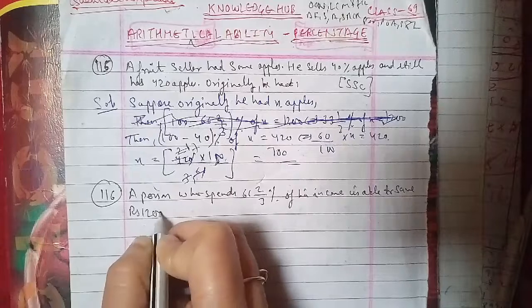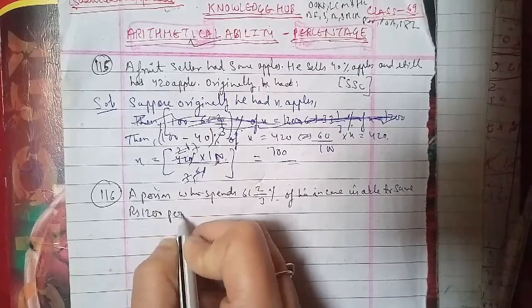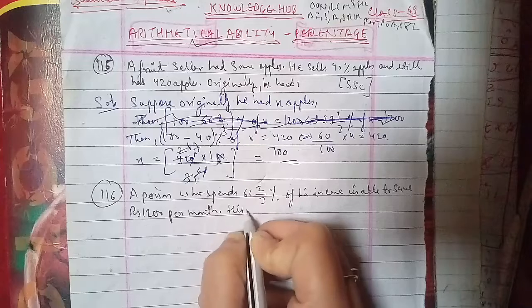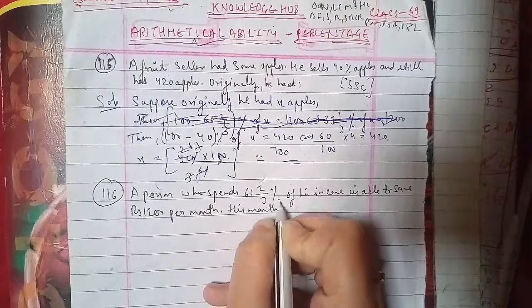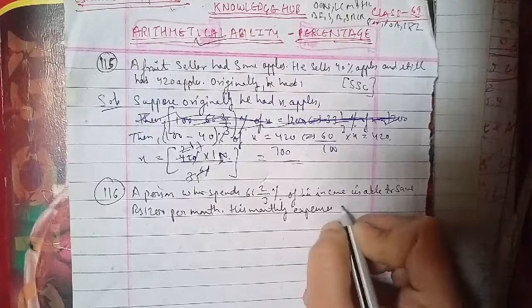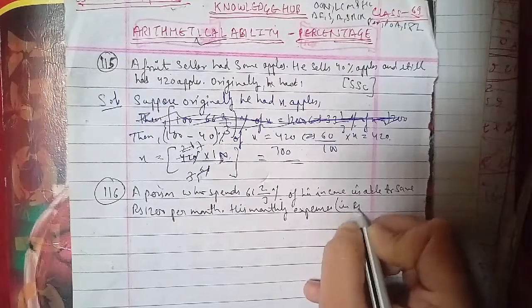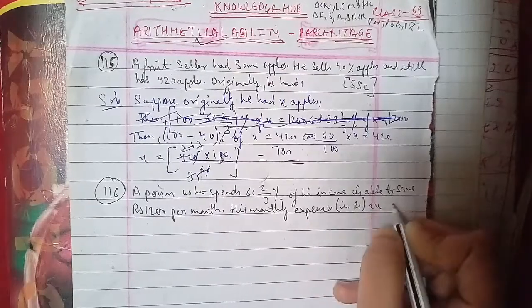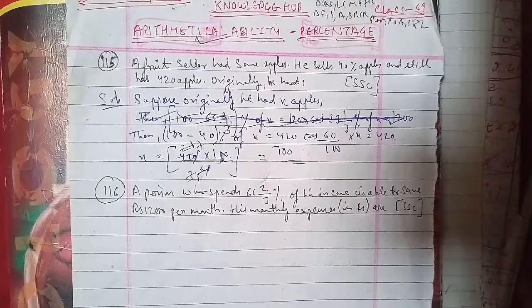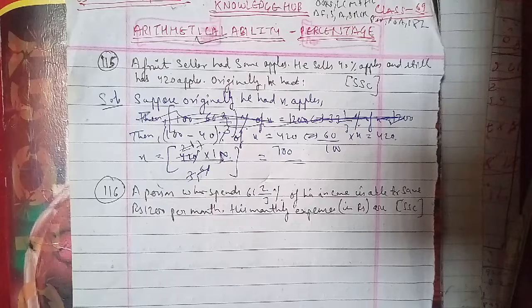His monthly expenses in rupees are? That has been asked in an SSC examination paper, which is an important one as well. Options we have: 1200, 2400, 3000, 3200. So we'll go ahead for the same.